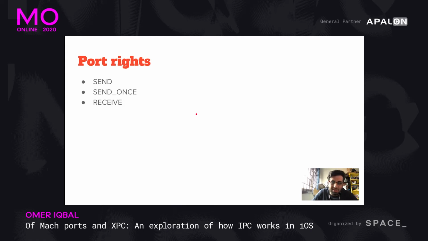One of the things that is interesting about these port rights is, aside from send and receive, you also have some other interesting rights like send once, which is quite useful in an OS setting, because a lot of the times, a lot of system calls you make are going to be one time and then you don't need it anymore, right? So this is a pretty efficient kind of business logic layer, basically, that will help guarantee that this thing only happens once.